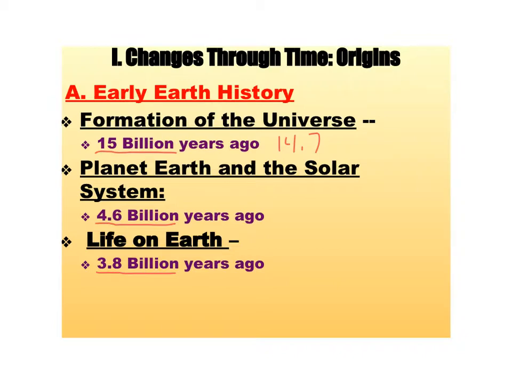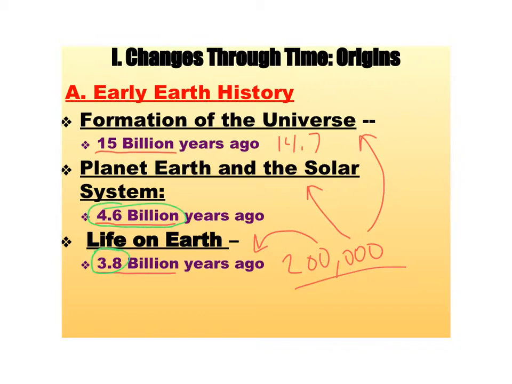Humans, modern humans, have only been around for about 200,000 years. So compared to the universe and the Earth and even life on Earth, we are a very new species. Will you have to know these exact numbers? No. But you should know about how long ago life started, about how long ago the Earth and the solar system were formed.